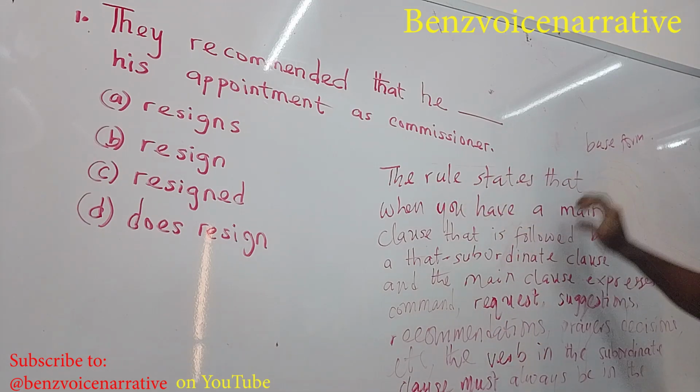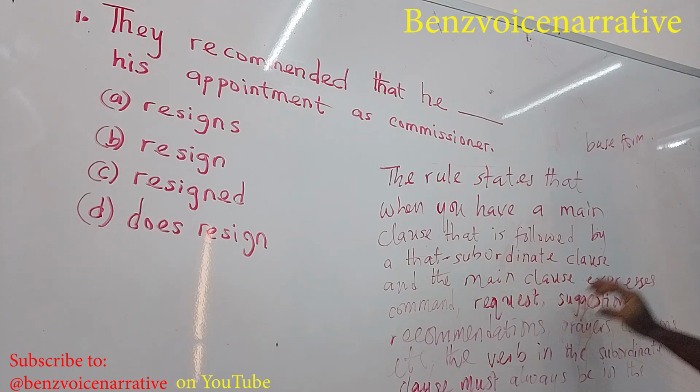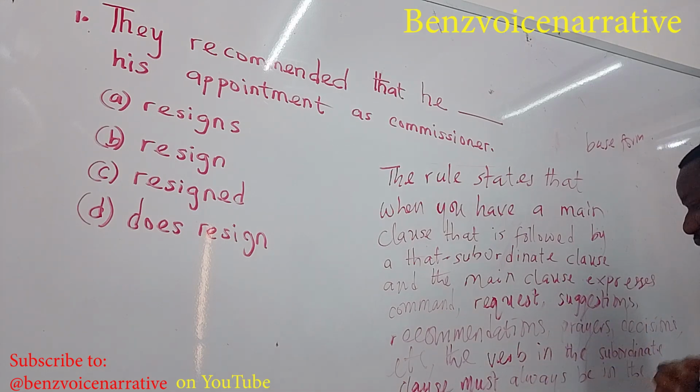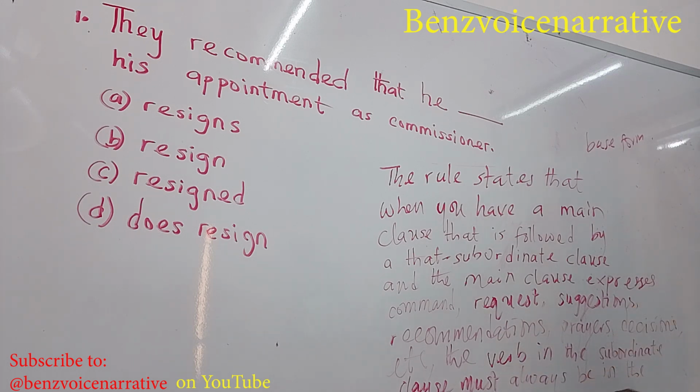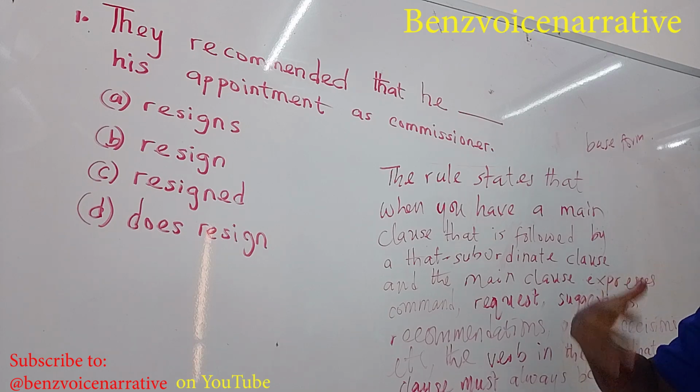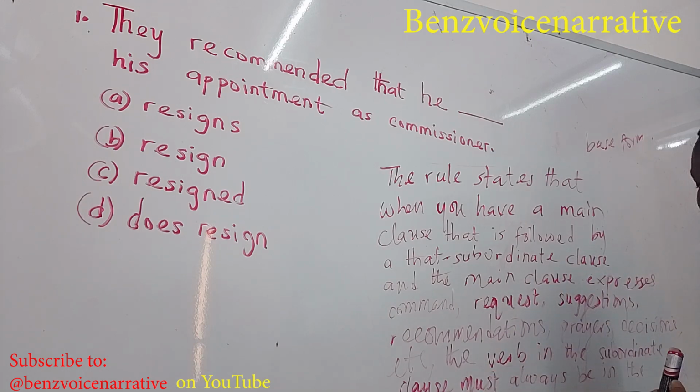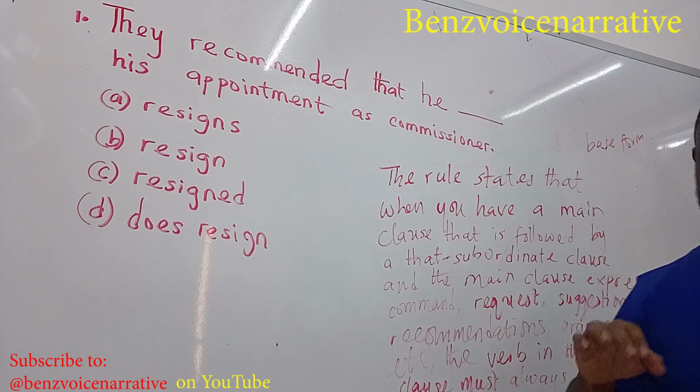The rule states that when you have a main clause that is followed by a that subordinate clause, and the main clause expresses command, request, suggestions, recommendations, necessity, prayers, decisions, etc., the verb in the subordinate clause, which in this case is the subjunctive clause, must always be in the base form.